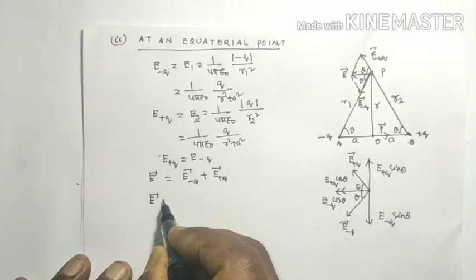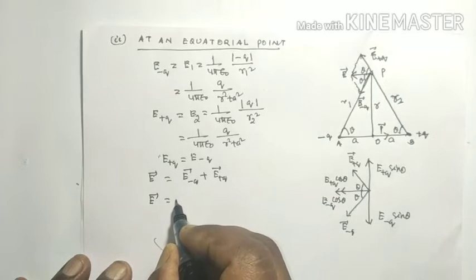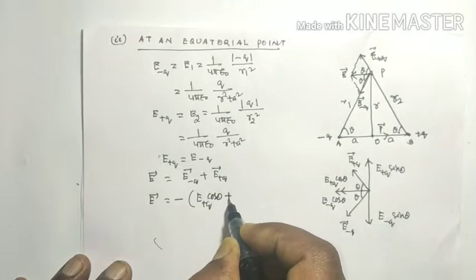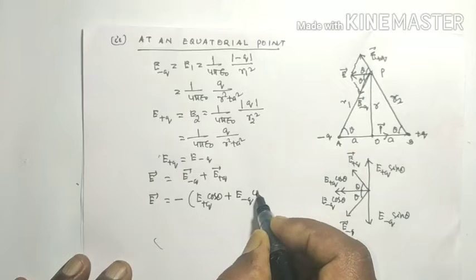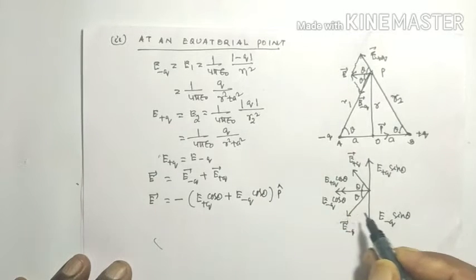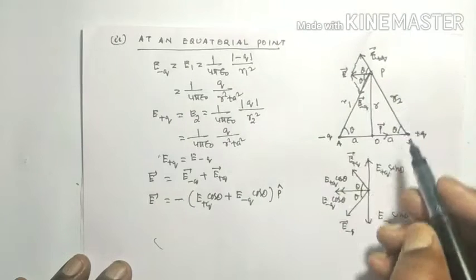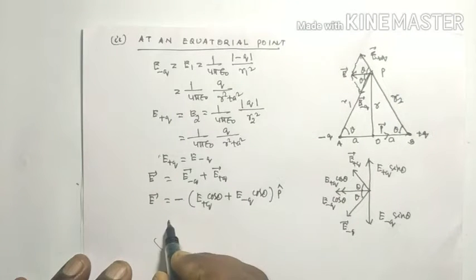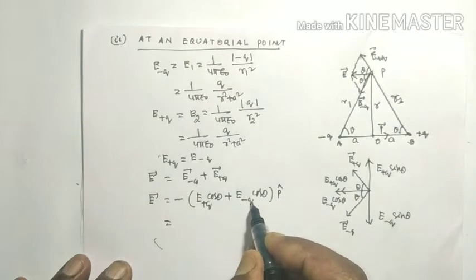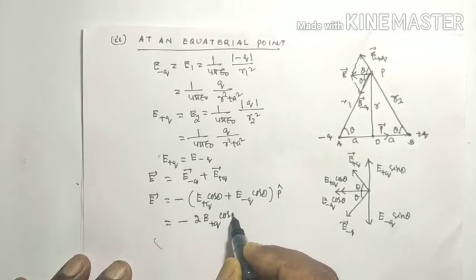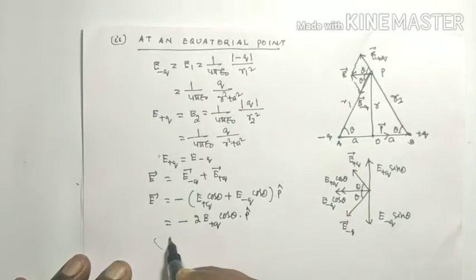So E vector is equal to minus E plus Q cos theta plus E minus Q cos theta into p cap. Here we use minus p cap, that means the direction is towards the left. Since E plus Q is equal to E minus Q, E equals minus 2 E plus Q cos theta into p cap.